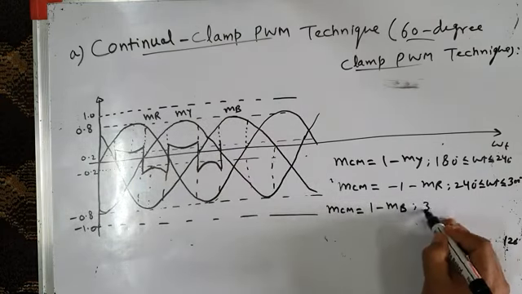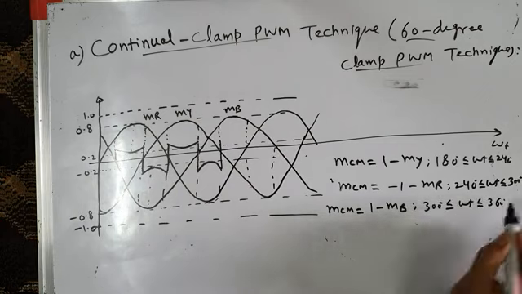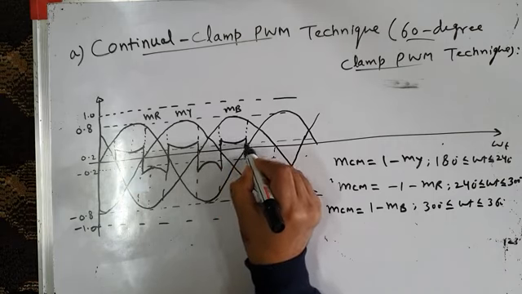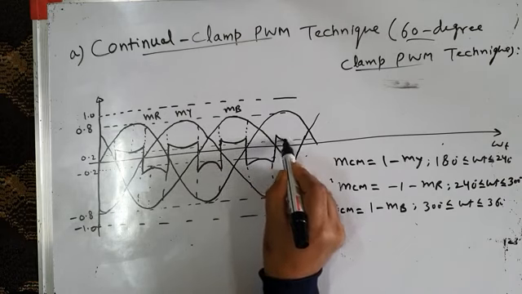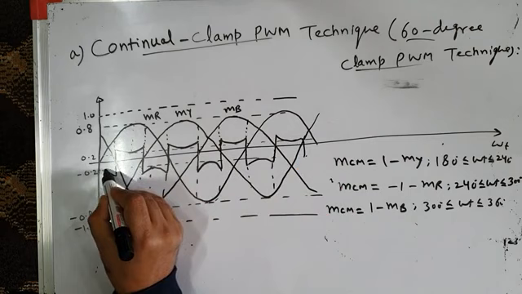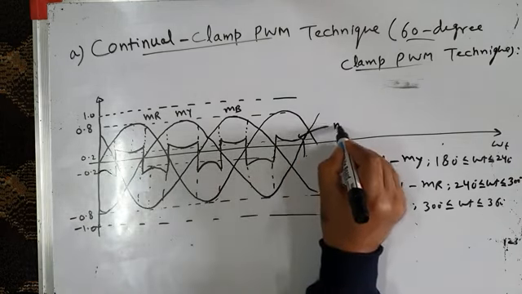So it is from 300 degrees to 360 degrees. It will be like this. Similarly, like this, it makes like this. So therefore, here also it will be like this. So this is our common mode signal, MCM.